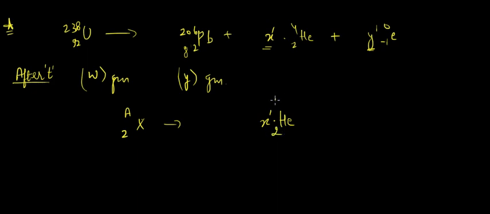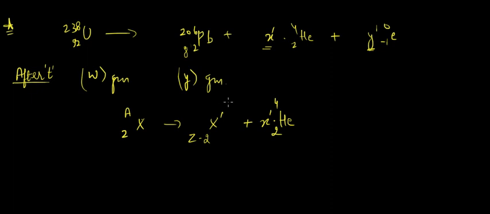So helium is having atomic number 2 and atomic mass 4, and we are also having another atom X dash, in this case lead, having atomic number 82, or simply let's say it would be Z minus 2, because Z minus 2 from X dash and 2 atomic number from helium will form atom X.